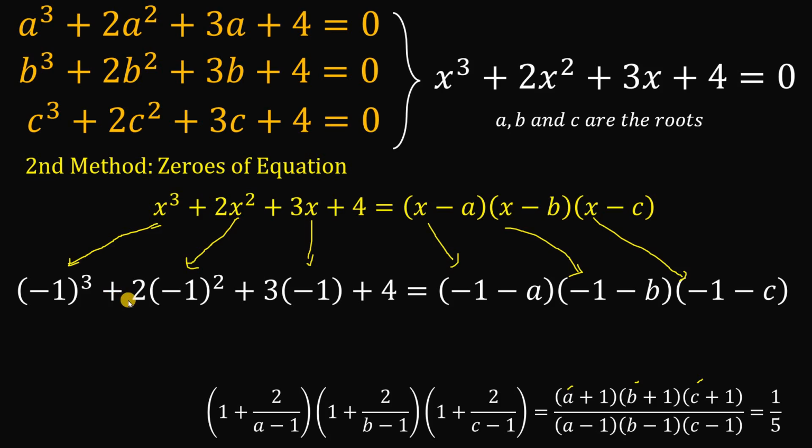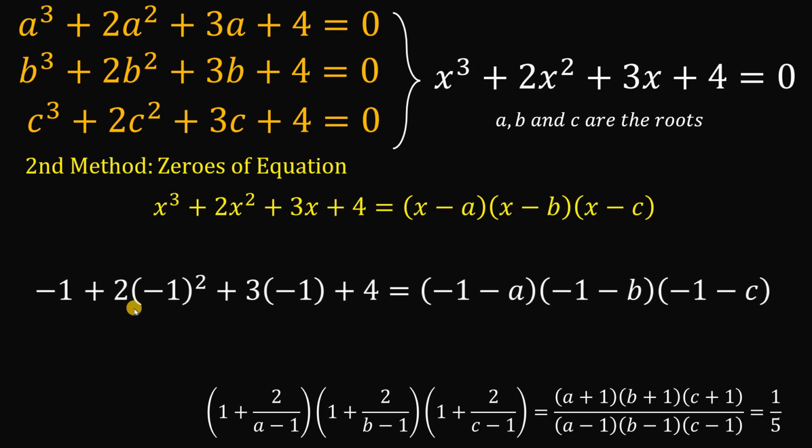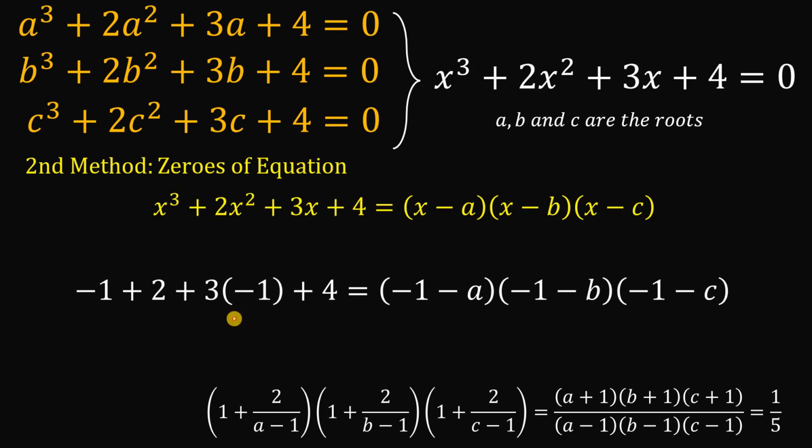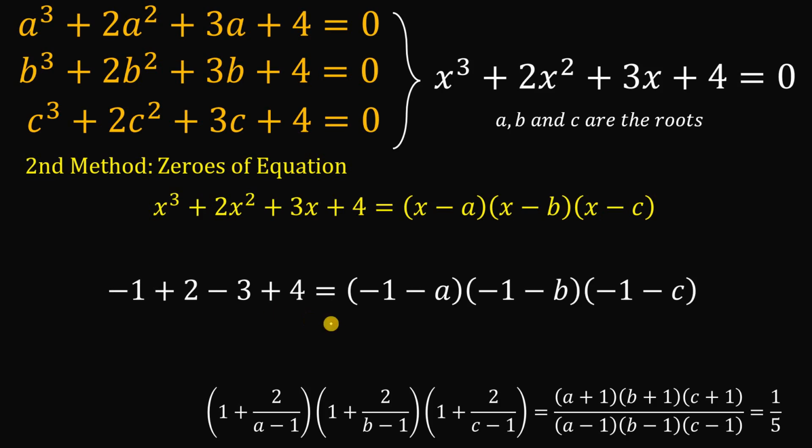Negative 1 raised to the power of 3 is just negative 1. Negative 1 squared is positive 1. Positive 3 times negative 1 is negative 3. And we have here negative 1 plus 2 minus 3 plus 4, which is just positive 2.